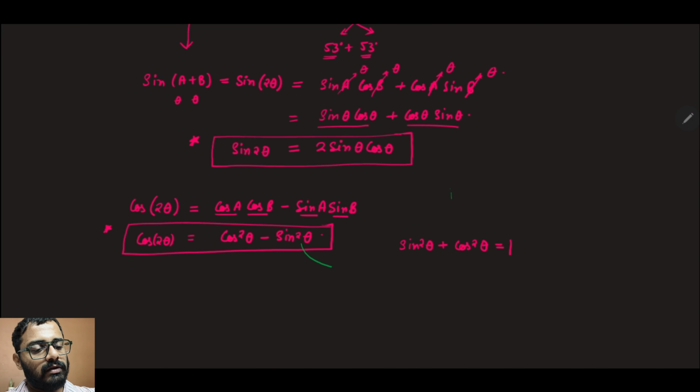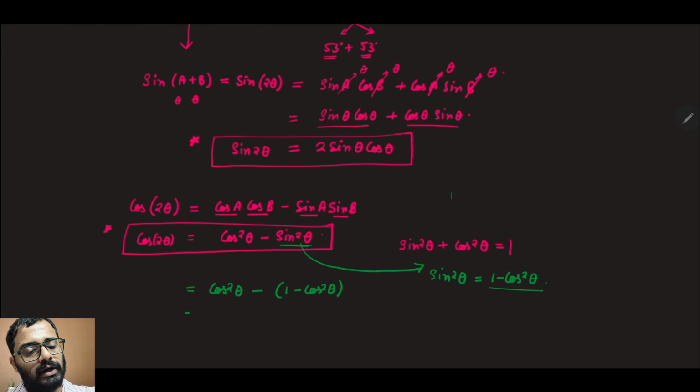Consider the first case: I want to remove sin square theta from here. I want my answer in the form of cos square theta only. So I'll use this identity, sin square theta is equal to 1 minus cos square theta. In place of sin square theta I'll put 1 minus cos square theta. So this is going to become cos square theta minus, in brackets, 1 minus cos square theta.